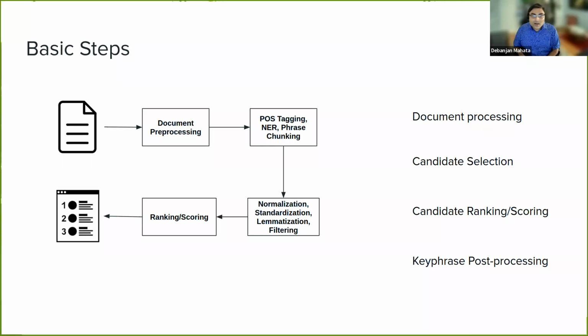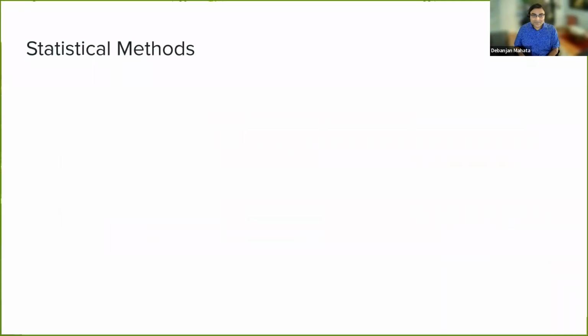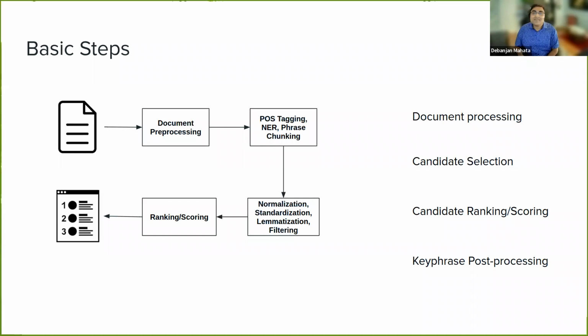Now, the candidate selection step can be very interesting actually. And most of the innovation, to be very frank, happens in the candidate selection and the candidate ranking or scoring steps.